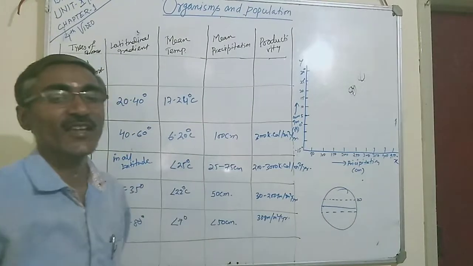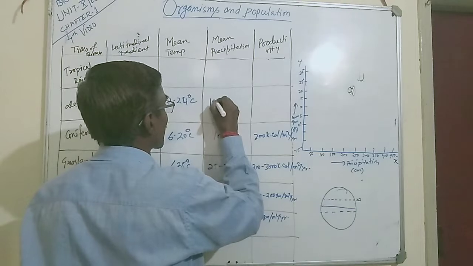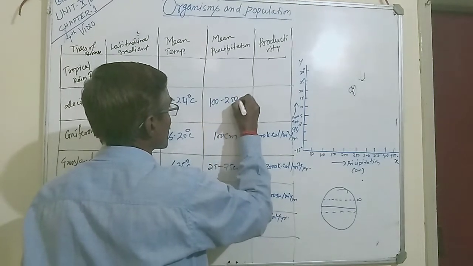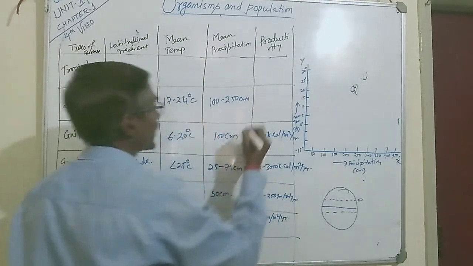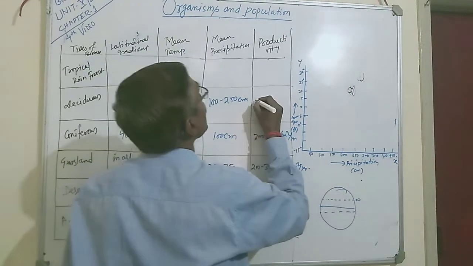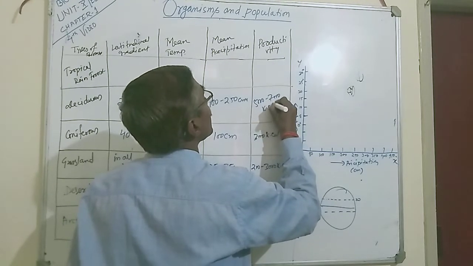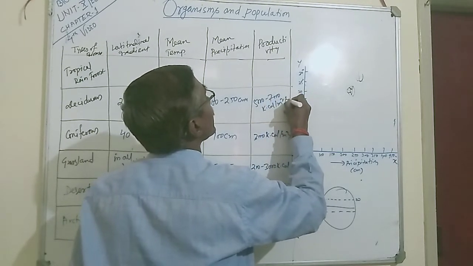Mean precipitation is 100 to 250 centimeter per annual rainfall. Productivity is 5000 to 7000 kilocalorie per meter square per year.